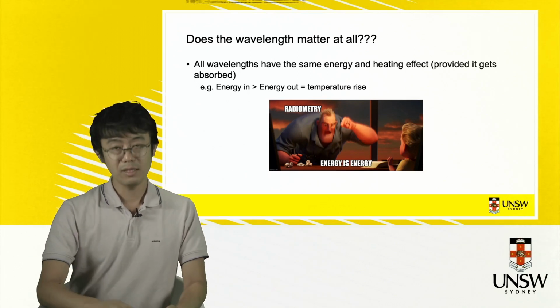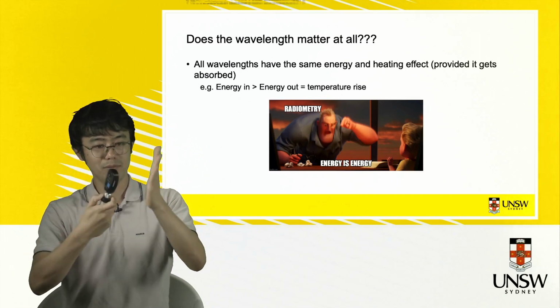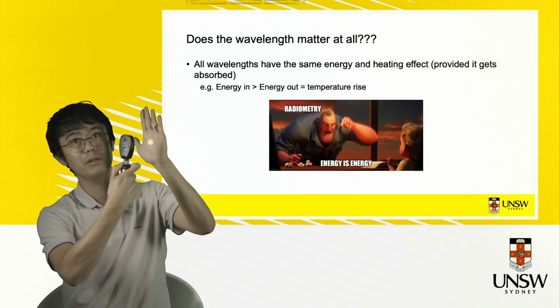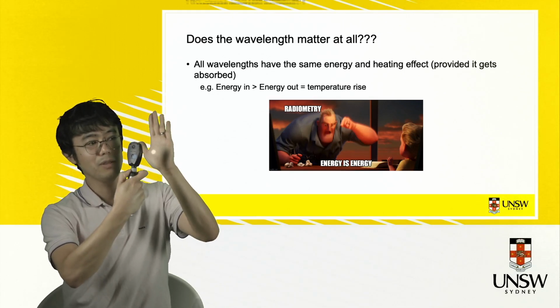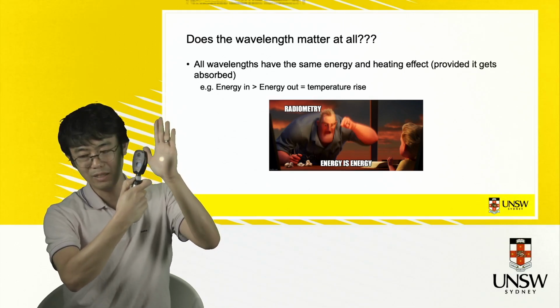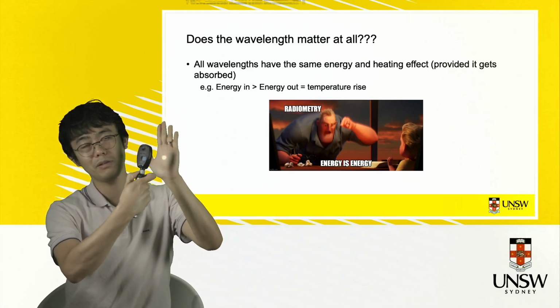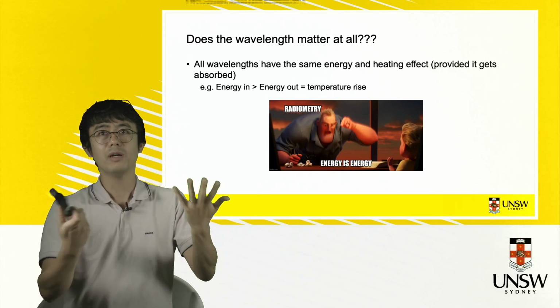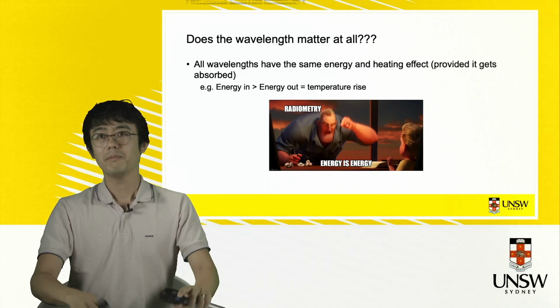Assuming the light gets completely absorbed and gets turned into heat, it doesn't matter if this light is 300 nanometer or 700 nanometer. If the wattage is the same, the amount my hand gets heated up is going to be exactly the same. So in this scenario, the wavelength does not matter. Only the energy matters.